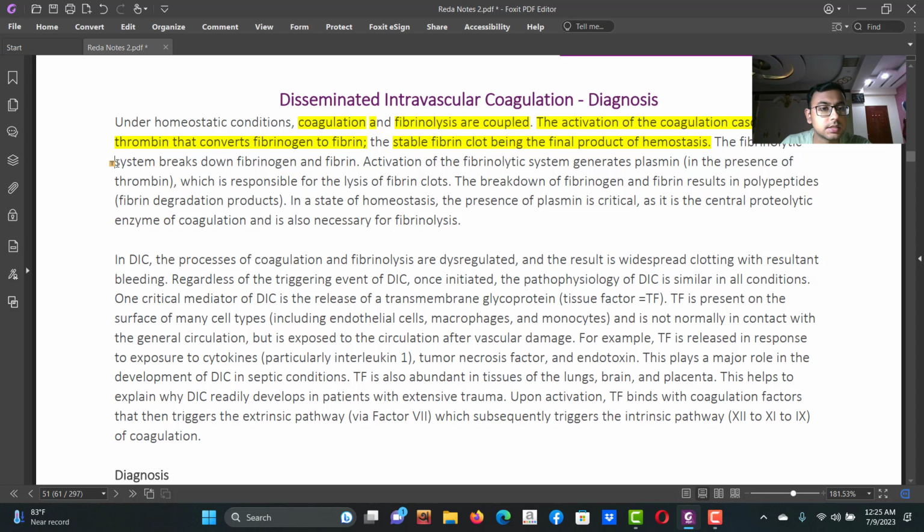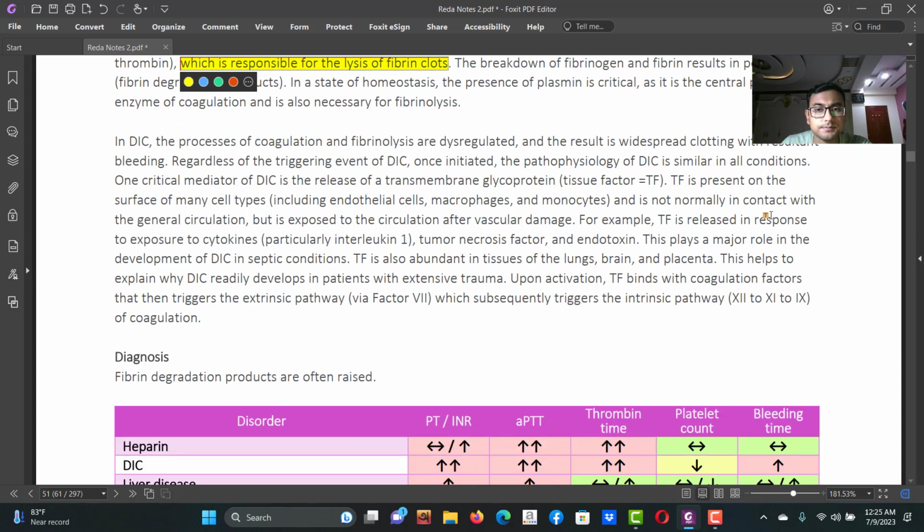The fibrinolytic system breaks down fibrin. The activation of the fibrinolytic system generates plasmin, in the presence of thrombin, which is responsible for lysis of the clot. The breakdown of fibrinogen and fibrin results in polypeptides.